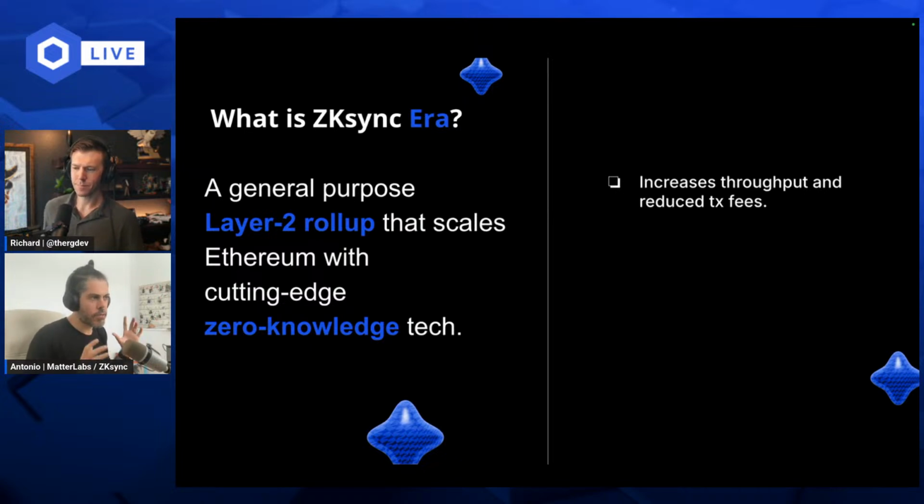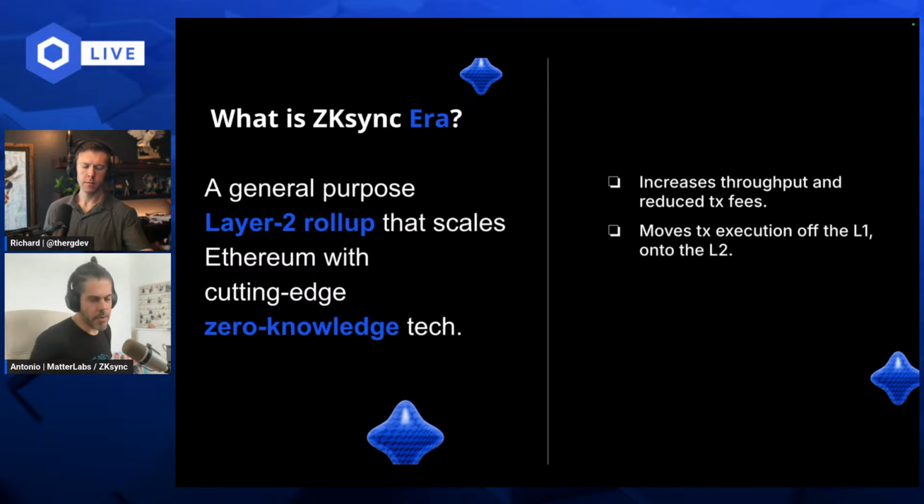I'm sure you know that Ethereum can do like 16, 20 transactions per second. With a layer 2 or with a rollup, we execute hundreds of transactions per second. So a lot more throughput, and the fees are way cheaper. When you are paying $1, $3, maybe $10, sometimes $20 on Ethereum, on L2s, you're paying cents.